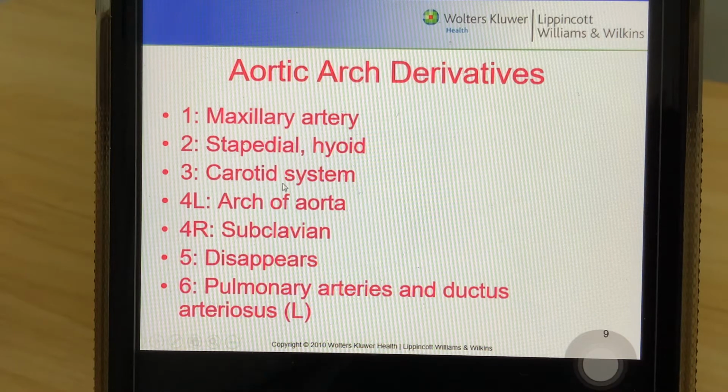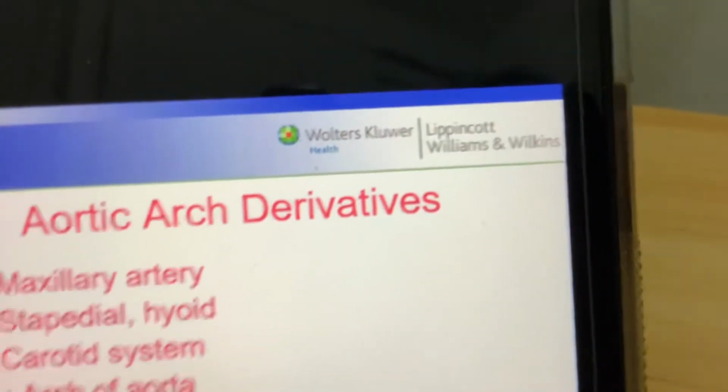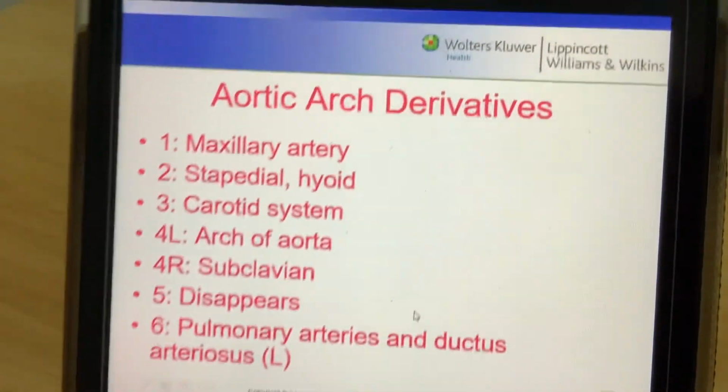Third, the carotid. Fourth, on the left side you have the arch of the aorta, and on the right you have the subclavian. Again, the fifth one disappears or becomes rudimentary. And your sixth aortic arch will later be your pulmonary arteries and the ductus arteriosus on the left.